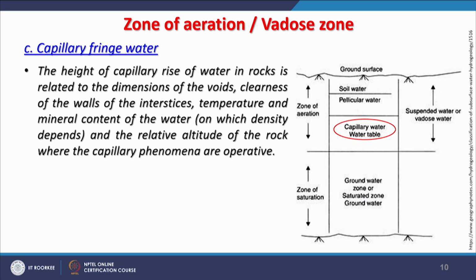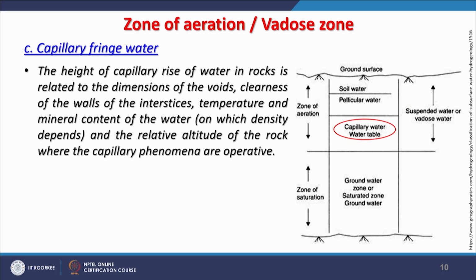But in soil conditions, these possibilities are there, where clay materials are present. Soil generally has a lot of clay, and clay can create smooth walls, and those walls help the capillary water movement. Temperature and mineral content, or the salt which I was mentioning, also play a very important role. If they are left because of evaporation of water, they are left on the surface.